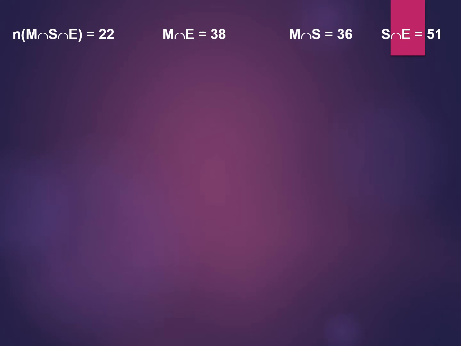The intersection of set M, set S, and set E is equal to 22. The intersection of M and E is equal to 38. The intersection of M and S is equal to 36. And the intersection of S and E is equal to 51.